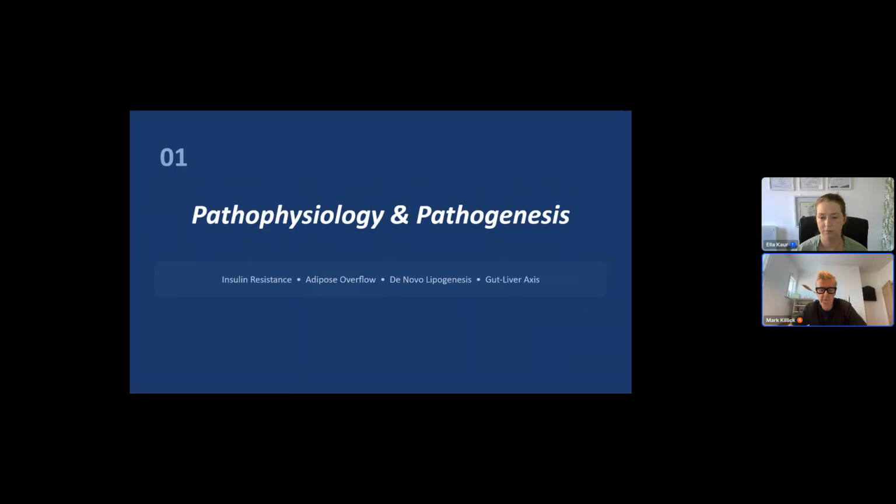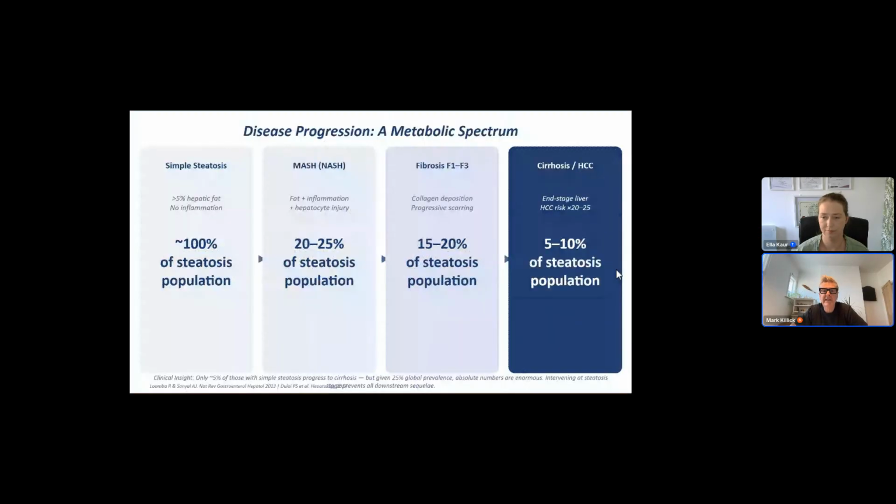So if we move on to the next slide, we're going to look at this metabolic spectrum, this disease progression. Where a patient sits on the spectrum determines the urgency of your interventions and also what's achievable.